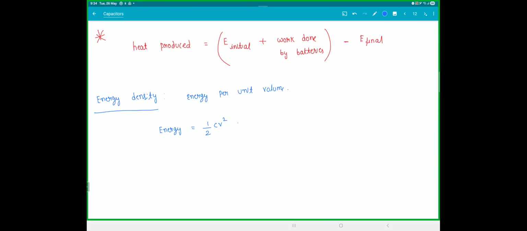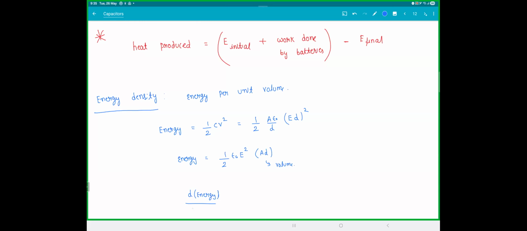If you modify this, we can write capacitance as A epsilon by D, and voltage can be written as E into D. This can be written as half epsilon E square into A into D. A into D becomes volume. If you divide energy by volume, this is your generalized formula: dE by dV.